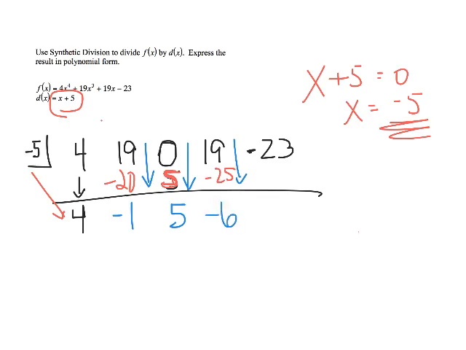And then diagonally again, you are multiplying the negative 5 times the negative 6, which is a positive 30. So a positive 30 goes right there. And then adding down the column, you get a positive 7. Sorry, I was going to say a negative 7, but it's a positive 7.